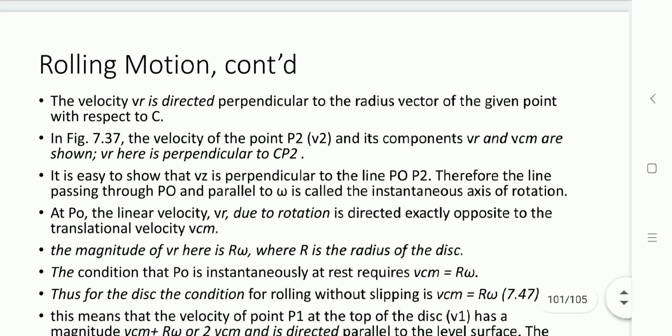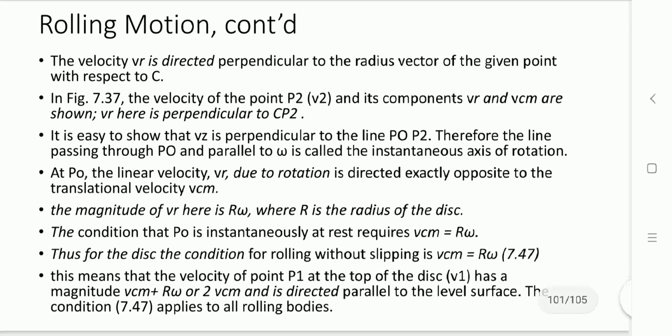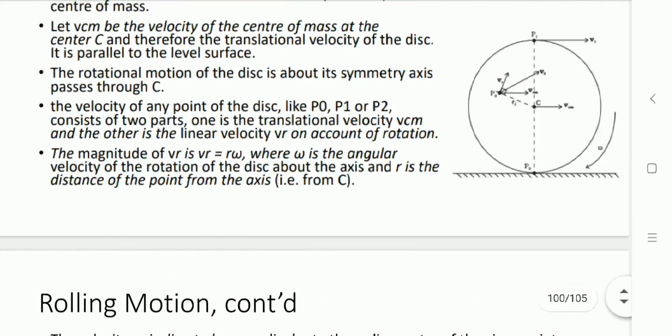Now VR is perpendicular to the radius of the point at C. So at point P2, the velocity is V2, with components VR and VCM. VR is perpendicular to CP2, as we can see in the diagram.